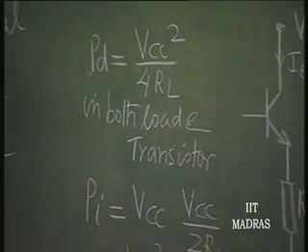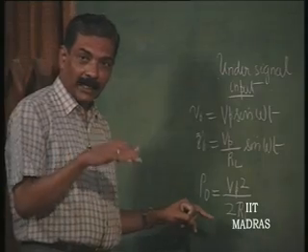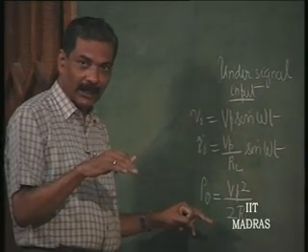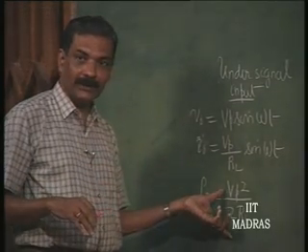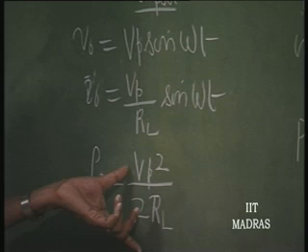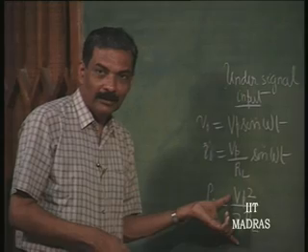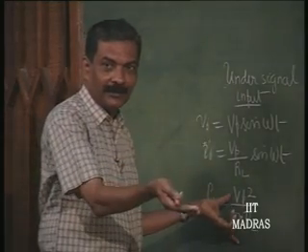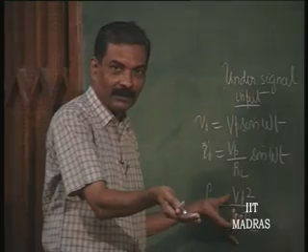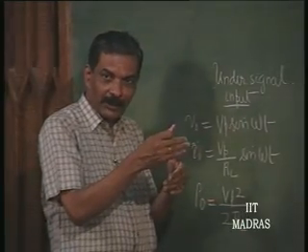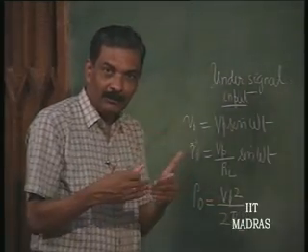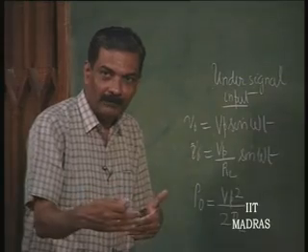The transistor active device dissipation, on the other hand, gets converted into useful signal power. So, the transistor dissipates less power during the active cycle, and that power is given out in the load as useful power. That is how the active device is responsible to convert its DC power into signal power.